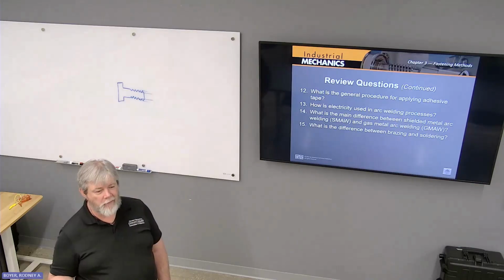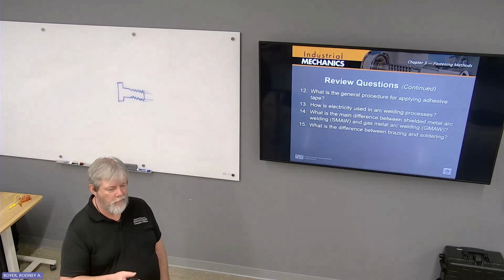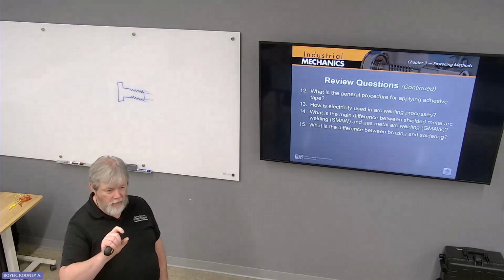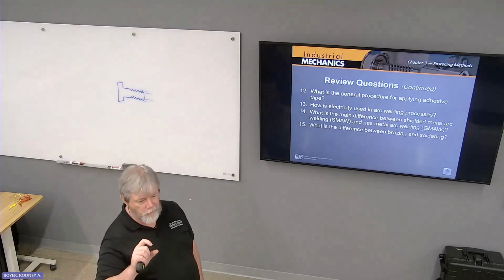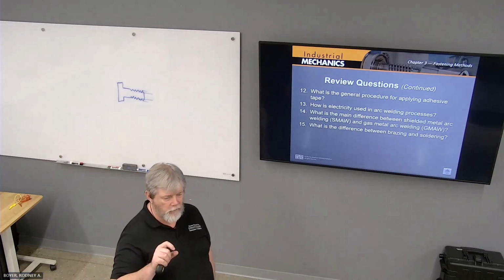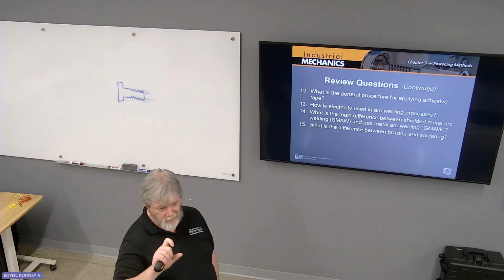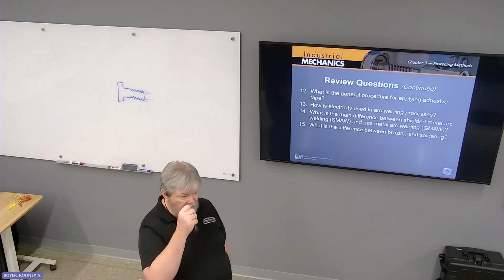The electric arc generates resistance across the air gap between the electrode and the material that you're welding. It causes it to heat up to between 6 and 10,000 degrees, which actually physically melts the metal that you're welding.